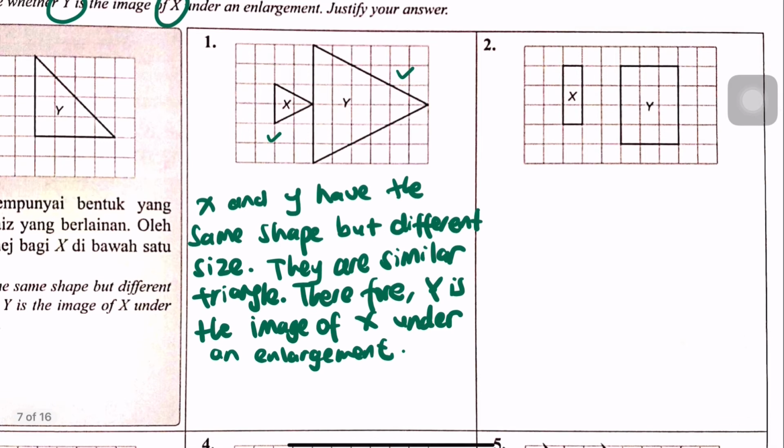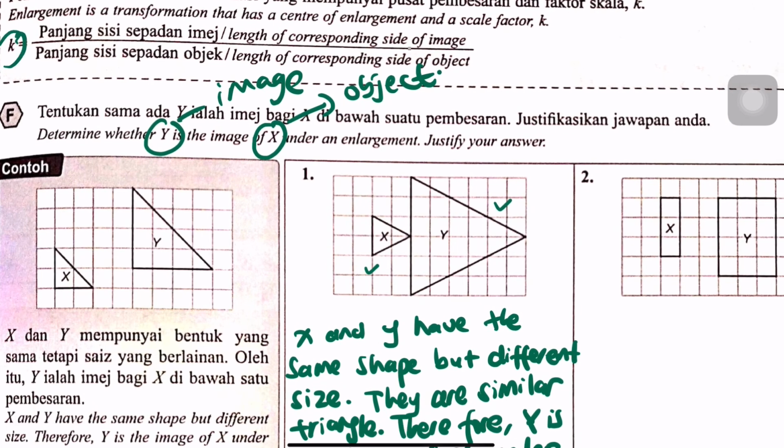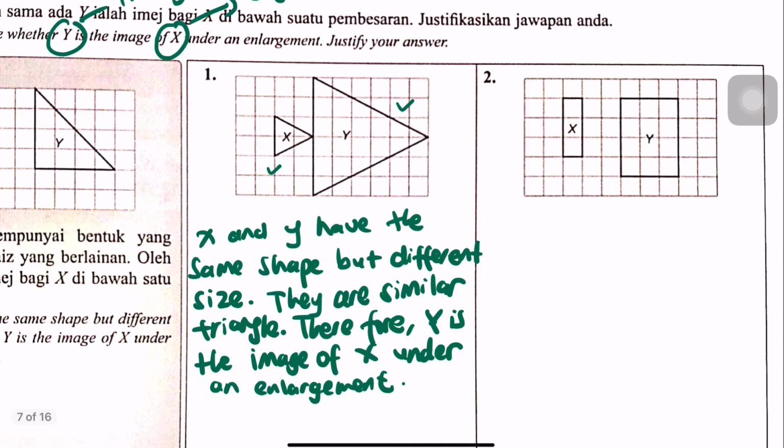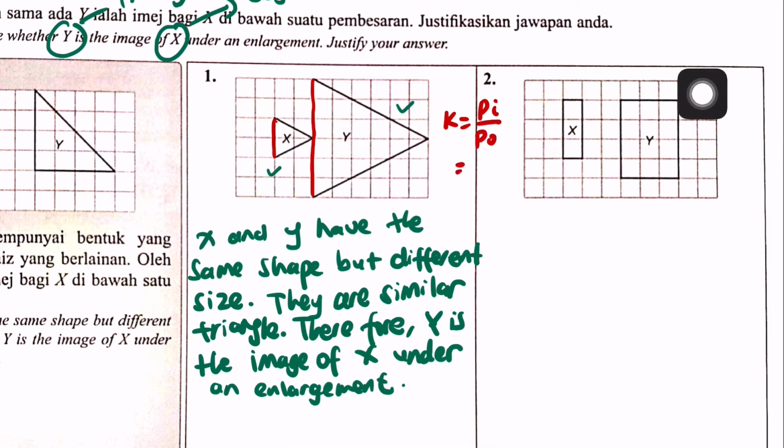Let's check by using K. Let's use red. Over here I have 2. Over here I have 1, 2, 3, 4, 5, 6. So K equals panjang image over panjang object. Which one is image?